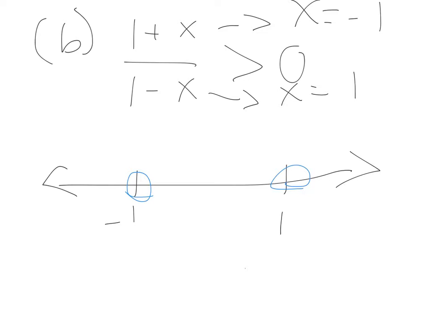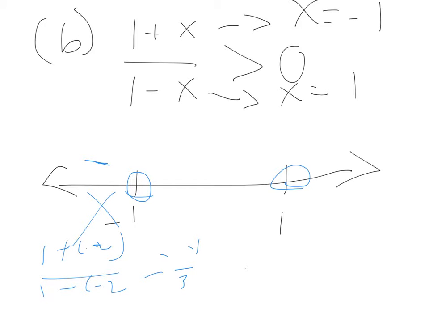So now pick a number in each interval. Like, pick a number less than negative 1, say negative 2. If you were to plug in negative 2, it would be 1 plus negative 2 all over 1 minus negative 2. So it would be negative 1 over 3. So if you pick a number from this interval, you'll end up with a negative number, so we don't want that.